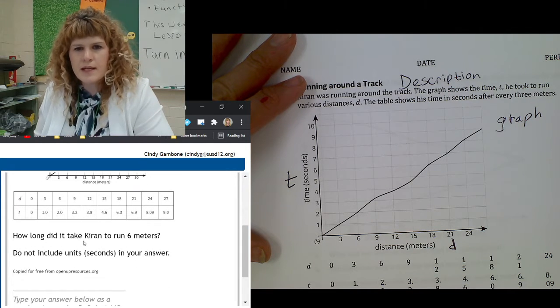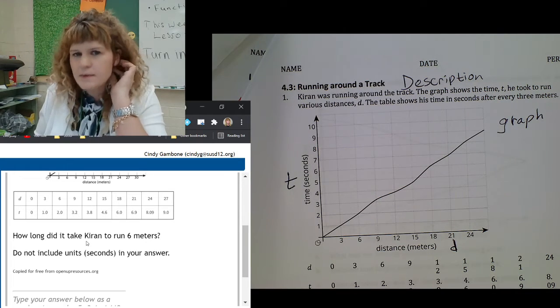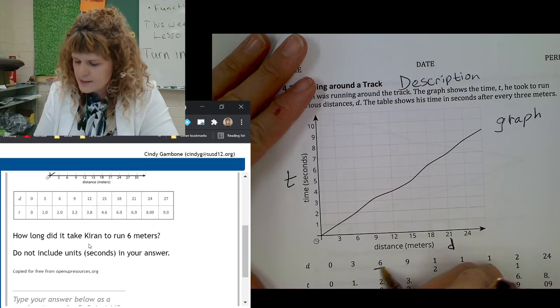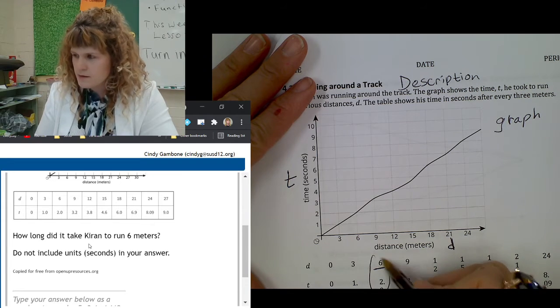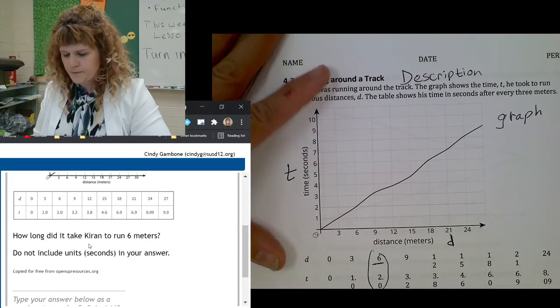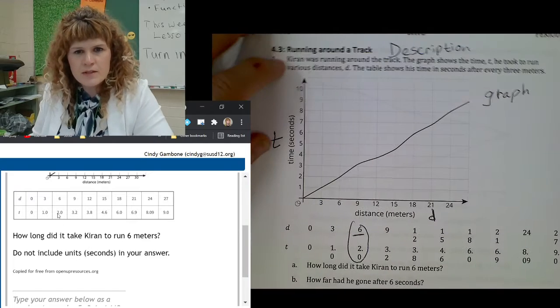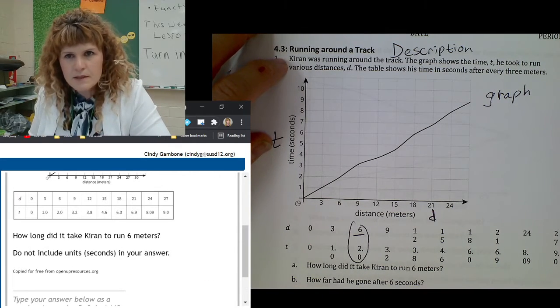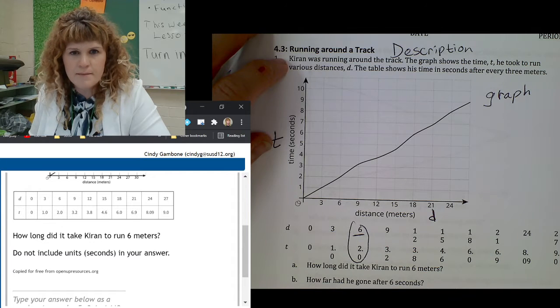How long did it take Kieran to run 6 meters? Okay, look at the table here. When the distance is 6 meters, it took 2 seconds. Can you see that? I'm going to circle it and make sure that you're not just copying me, but look.